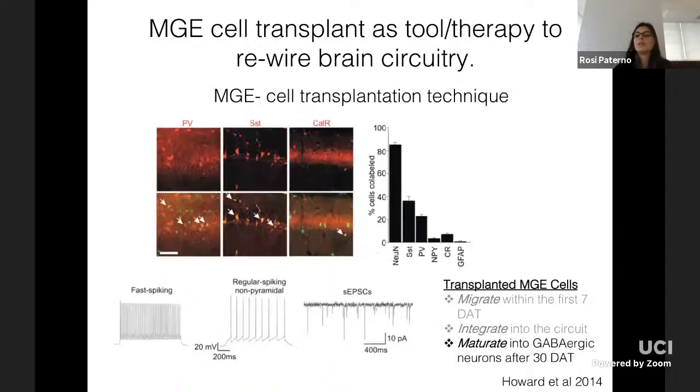Also important is that they not only integrate, but also mature into interneurons, in particular somatostatin interneurons and parvalbumin interneurons. Numerous studies, including one from 2014, have shown that the MG cells, already maturing in the host brain, have the features of mature interneurons, as seen here. They are fast spiking and regular spiking non-pyramidal interneurons.